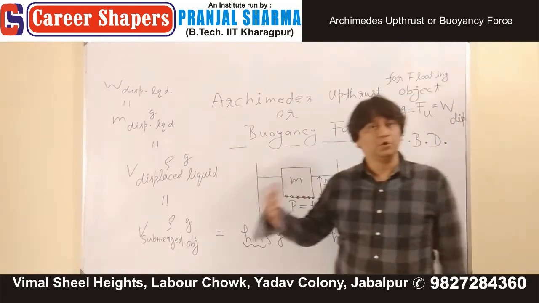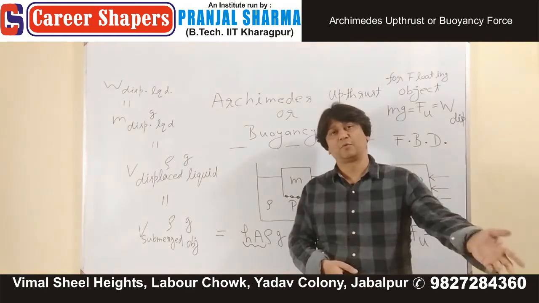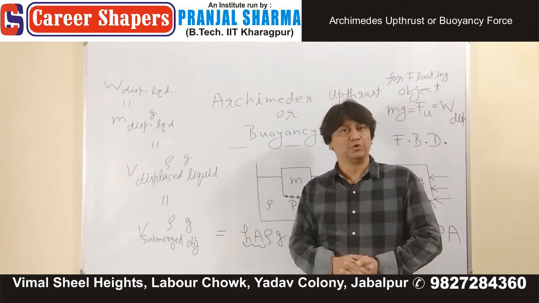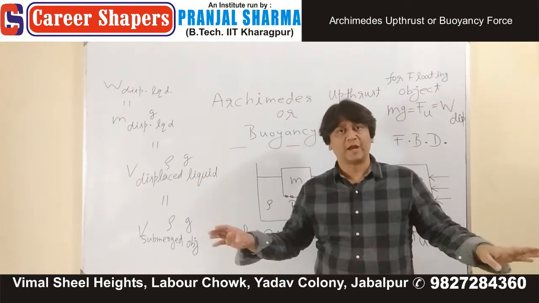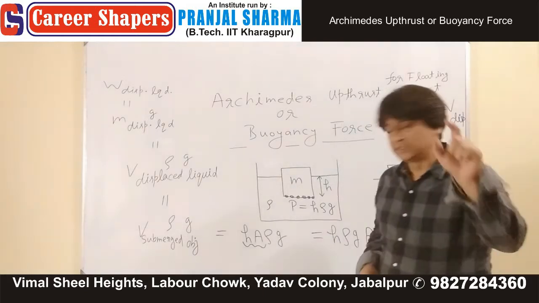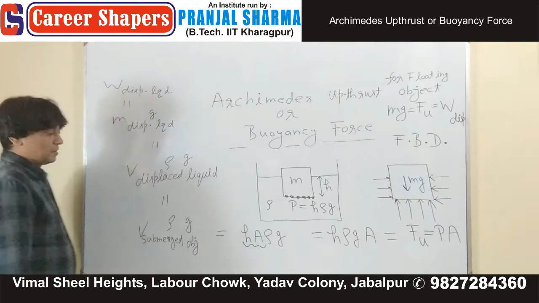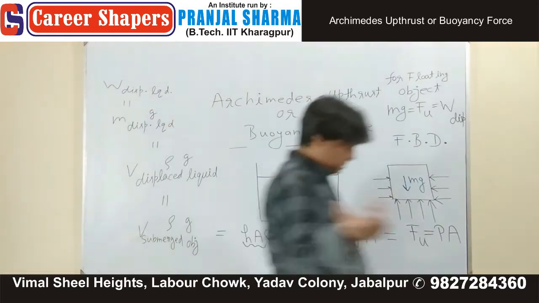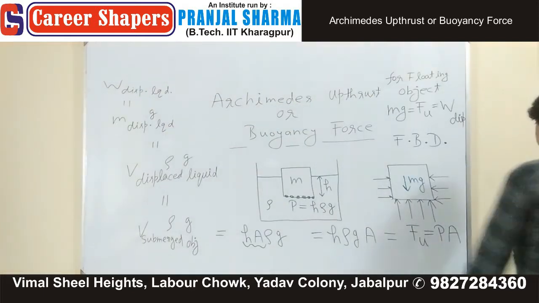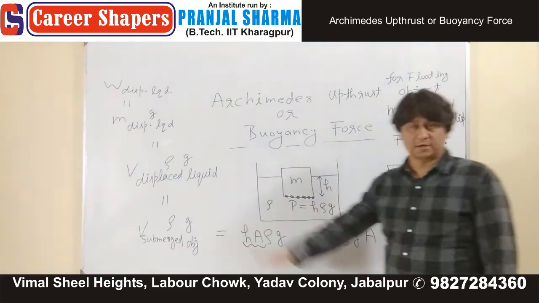And when we are using this formula, volume of object submerged inside the liquid into density of liquid into g, we don't have to worry about whether the object is floating or not. Mention this also inside a bracket. Object may or may not float, but this formula is always correct.